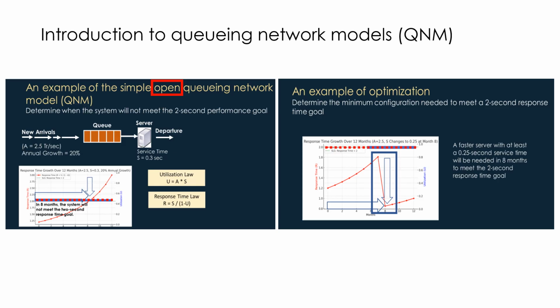But the question is, is it the minimum server configuration needed to meet the service level goal? So we can apply the same model to determine the minimum configuration service time needed to meet the service level goal. This is a simple example illustrating the optimization process.